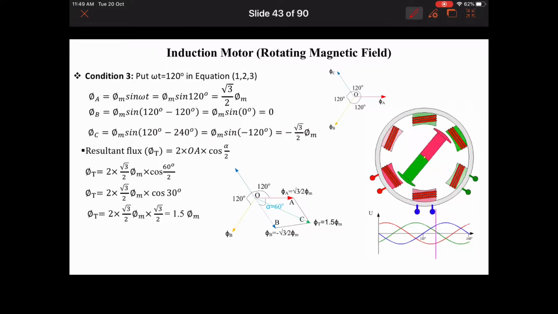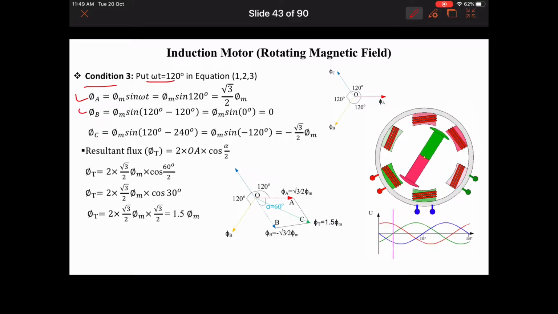Let me consider case number 3, that omega t is equal to 120 degree. So substitute the value of omega t equal to 120 degree in equation number 1, 2 and 3. We know that phi a is equal to phi m sin omega t. So substituting omega t equal to 120 degree, phi a is equal to phi m sin 120 degree, which is root 3 by 2 phi m.